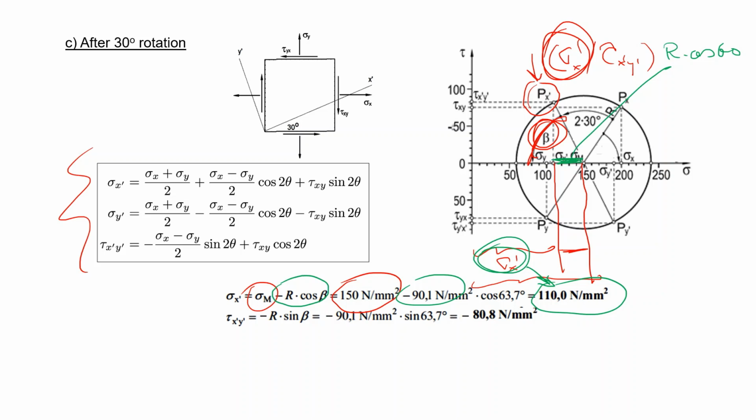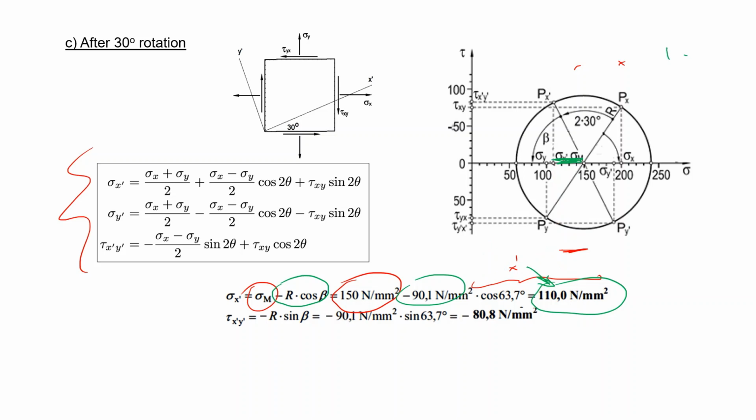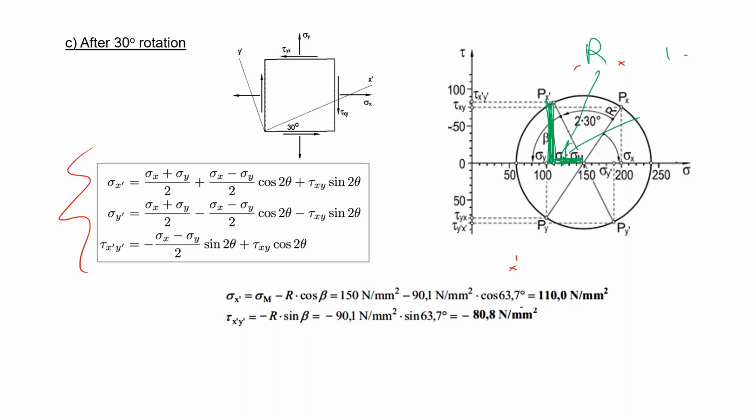Next, I need to calculate the next coordinate of the point px prime, that is this coordinate. Well, how do you do it? Well, it's much easier. You have r, you have beta, and this value that x prime y prime corresponds to r times sine beta with a minus sign, and that is your new shear stress.